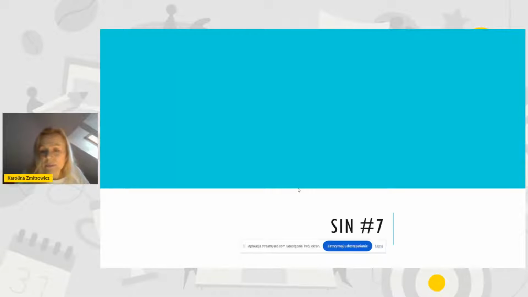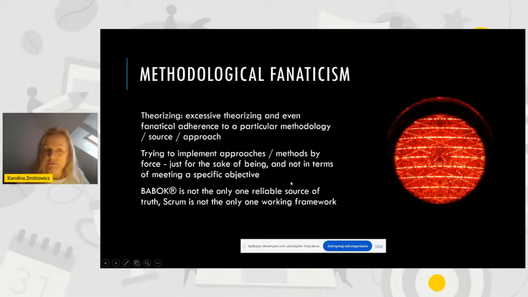In the next scene, this time from another perspective, methodological fanatism. So again, quite often I'm hearing things like, Scrum is the only way to go. User stories are the only method. The BABOK Guide is the source of truth.